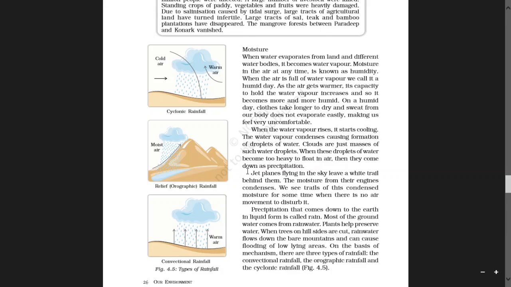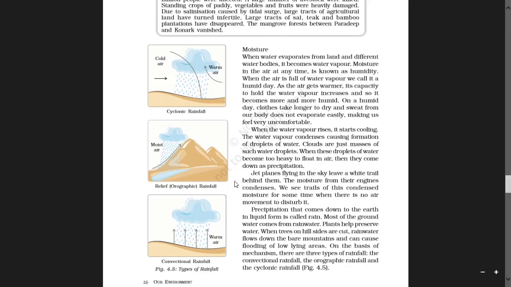When these droplets of water formed from the water vapor become too heavy to float in the air, then they come down as precipitation.